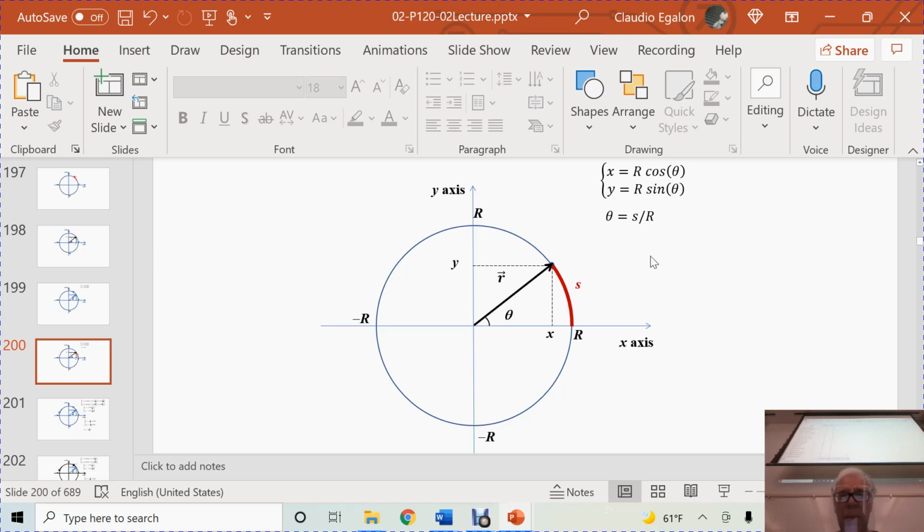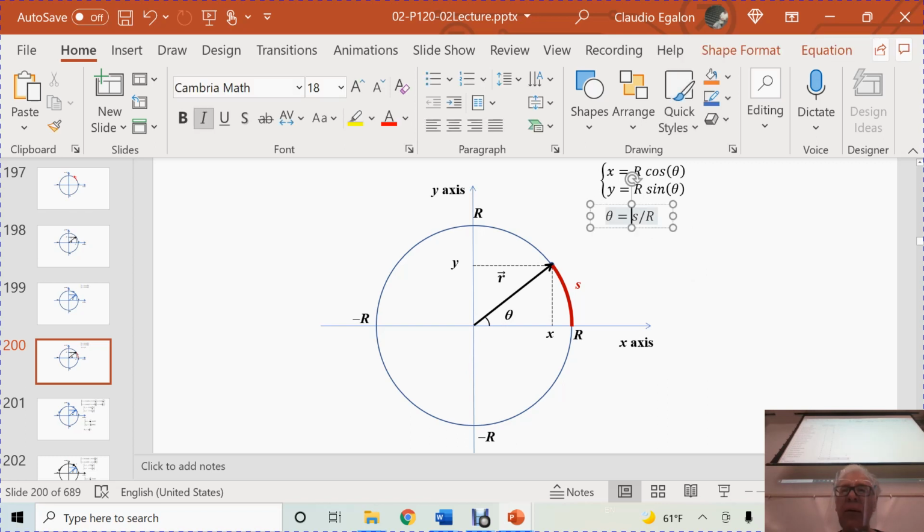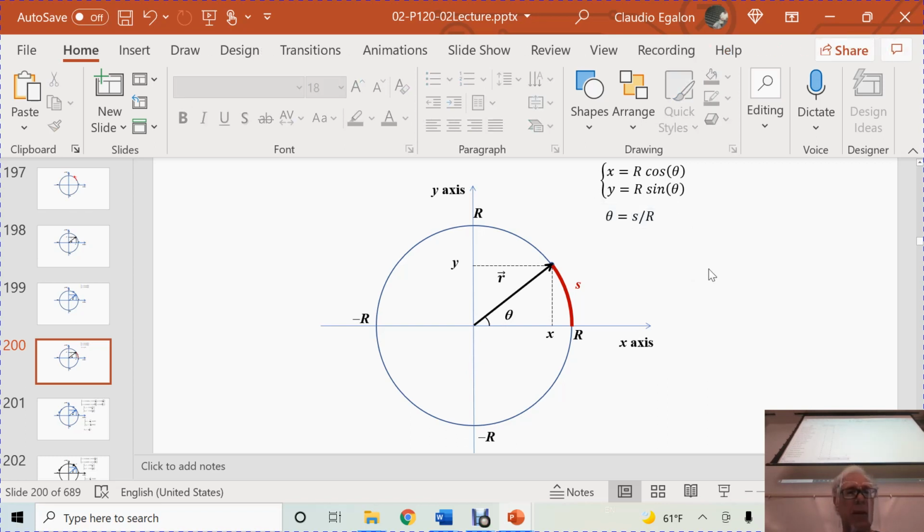Okay? But the real definition for angle is this one that you see here, the one that's measured in radians. Keep that in mind. Now we can go to the next step.